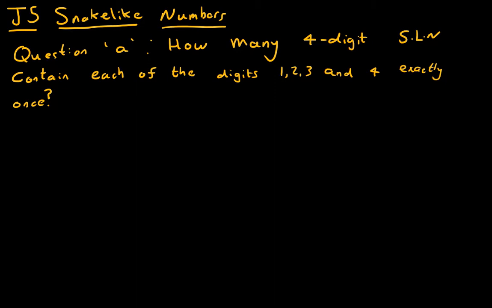A permutation is an arrangement where position matters. So for instance, in a permutation of A, B, C, D, one permutation could be A, C, B, D. So the position of each of the letters matters.